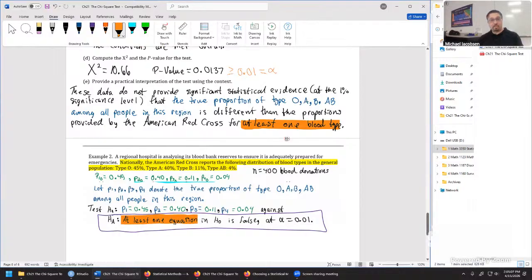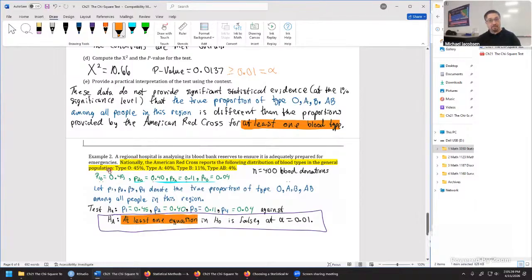It's a tricky statement to put together because we're jumping through different levels. We have no evidence that the HA is true, but it's written in terms of the null. We have to say what our parameters were at the same time. And you could say at least one, P1 is not equal to 0.45, type O is not equal to 0.45, type A is not equal to 0.40, and so on.